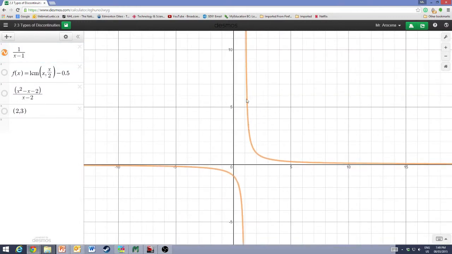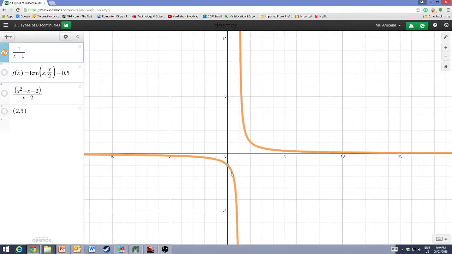The asymptote here is at x equals 1, so at x equals 1 this function exhibits an infinite discontinuity. It doesn't really matter whether the function goes towards positive or negative infinity. What's important as far as continuity is concerned is that it is discontinuous, because it goes towards infinity at some point.